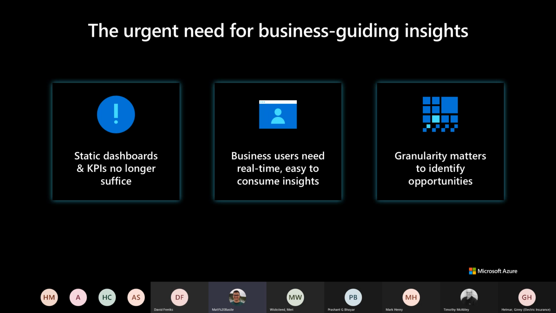And on top of this, not only is the velocity increasing, but the need for granularity is increasing as well. It's no longer just enough to have an overall view over your company or a general idea. Companies and enterprises need the ability to drill down not just in their typical data sources, but the ability to bring in new data sources as well to identify opportunities.